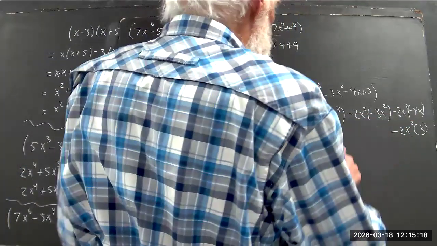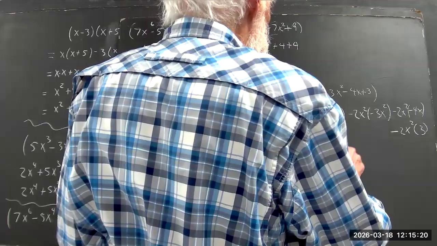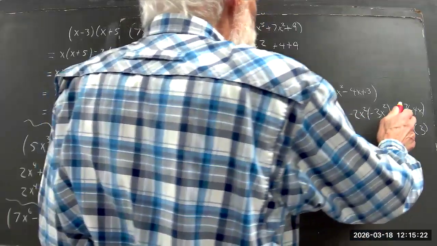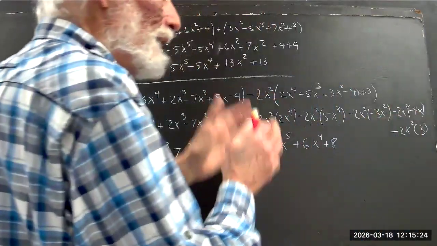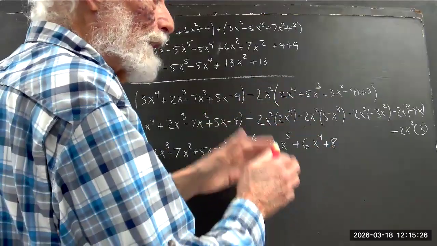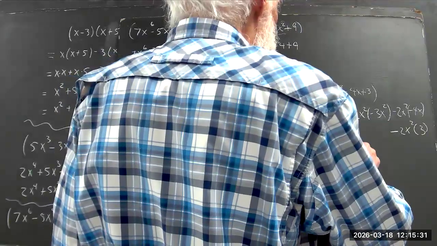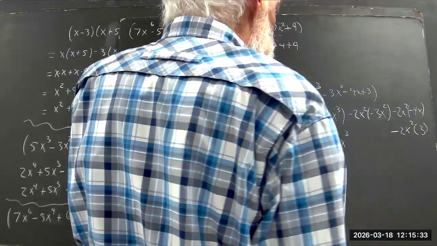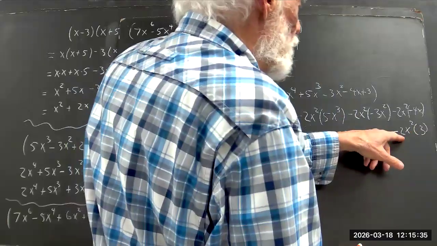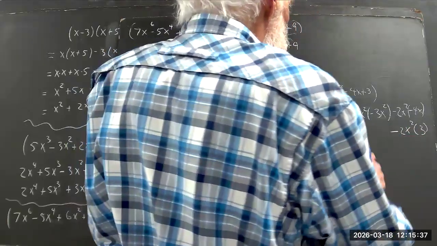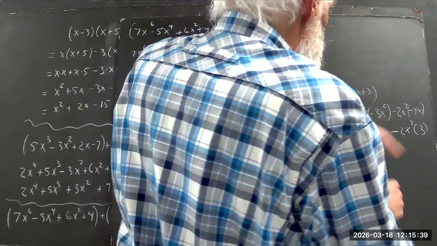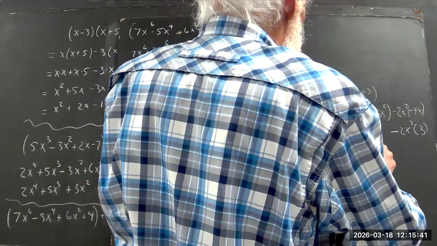Again, 2 negatives makes a positive. We have plus 8. 2 times 4 is 8. X squared times x to the 1 is x to the 2 plus 1, which is x cubed. Minus 2x squared times 3, well, that's just minus 6x squared.